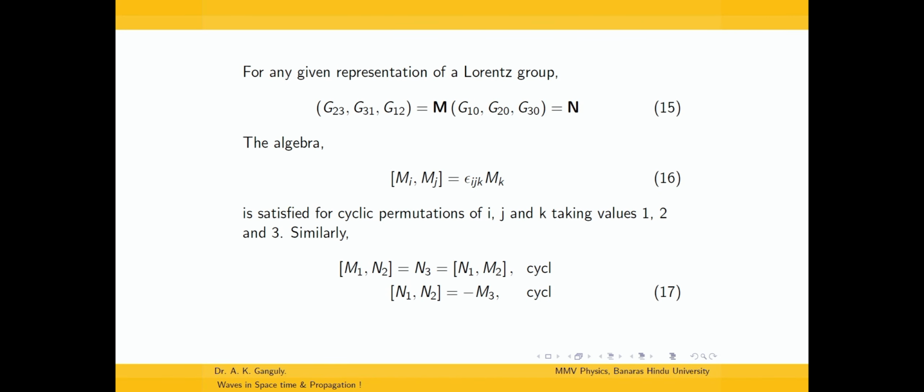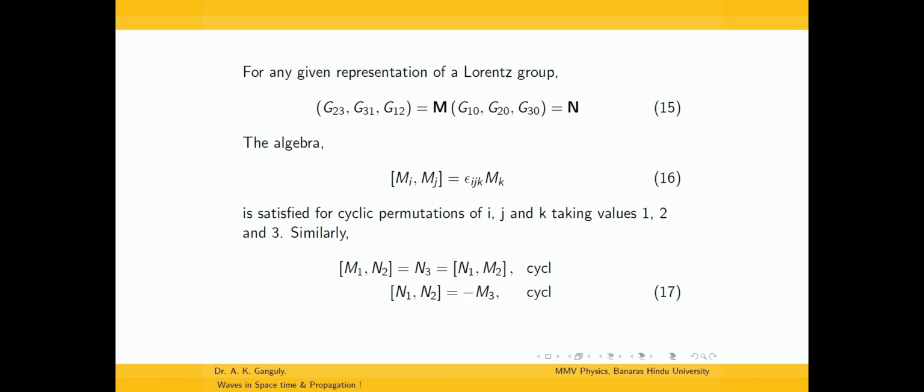This is the algebraic structure that the capital M's follow. Similarly, the capital N matrices also follow some algebra, and those are given in equation 17. They are given in two types.